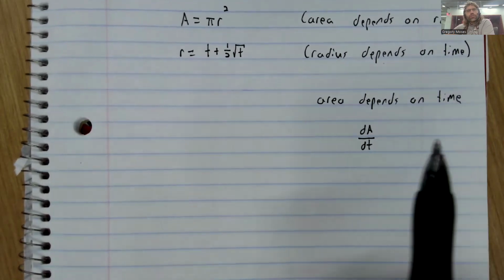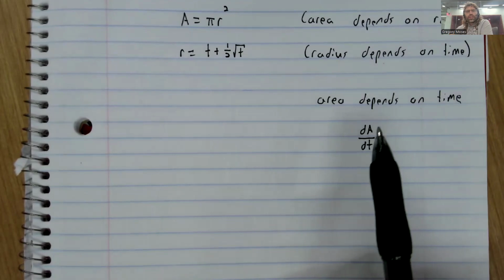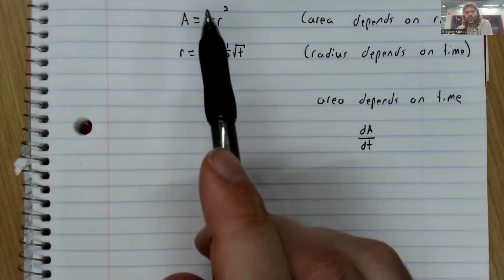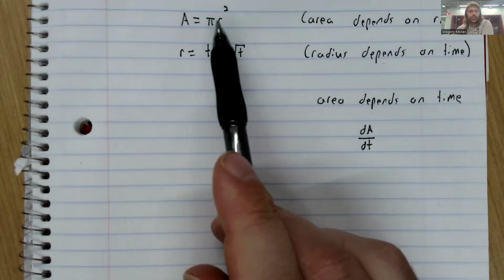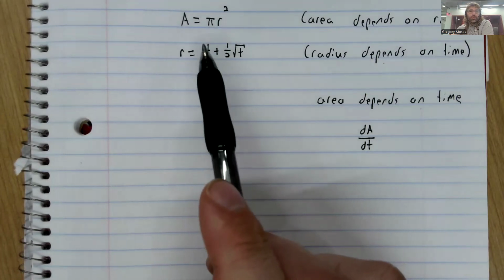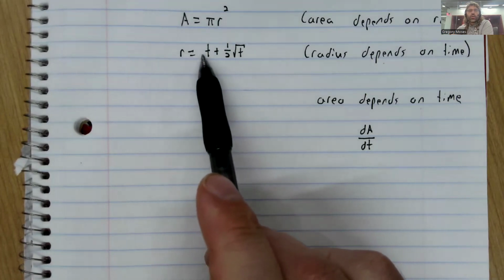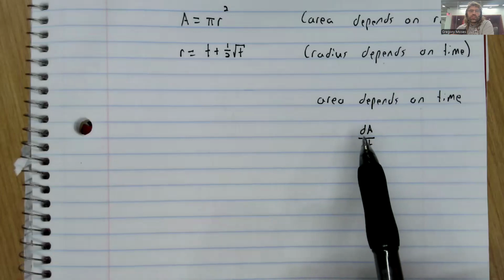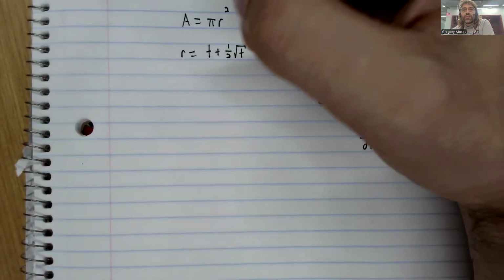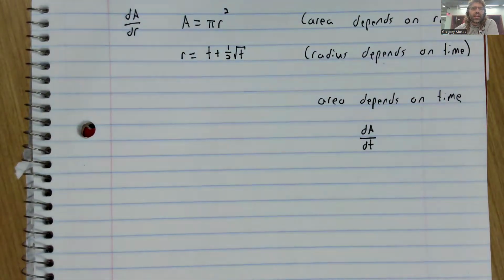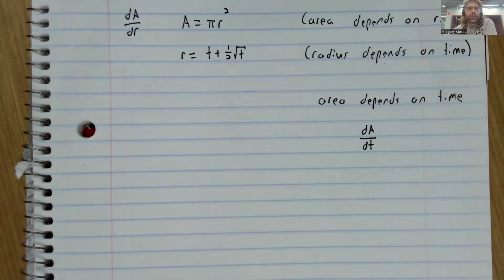Well, let me point out, we have two equations. If we could take the derivative of A, we could take the derivative of r. Neither of those is what we're asking about. If we took the derivative of the first equation, we'd get dA/dr, the derivative of the area with respect to the radius.